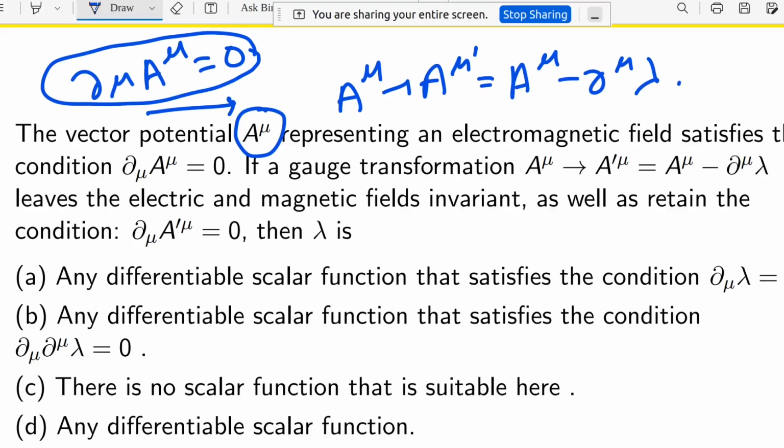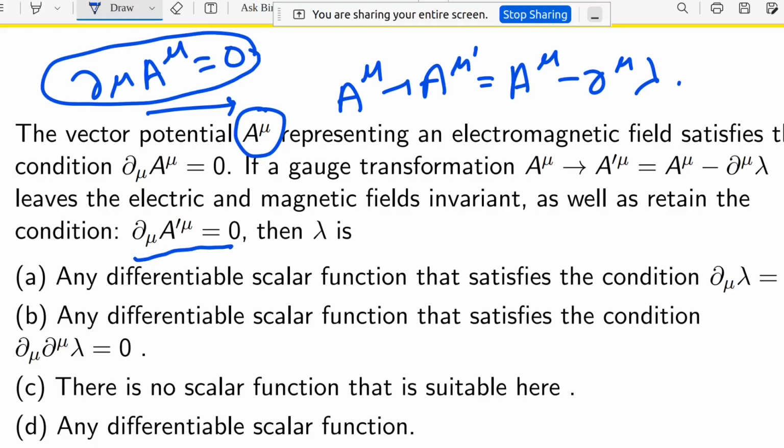That means previously del mu A mu was 0. Now we have transformed our A mu by gauge transformation A mu prime equals A mu minus del mu lambda. But they are telling us that even if we change A mu to A mu prime, the condition should still hold, that is, del mu A mu prime equals 0.